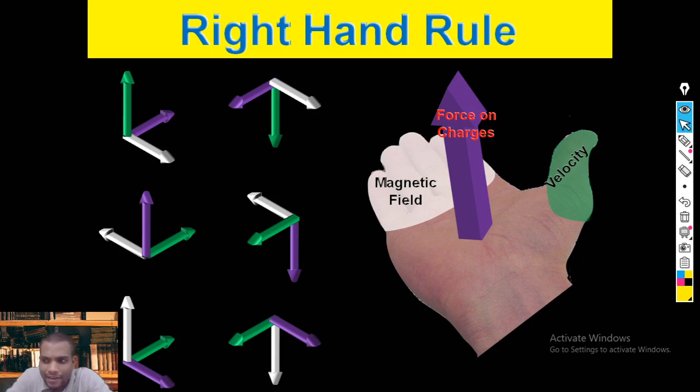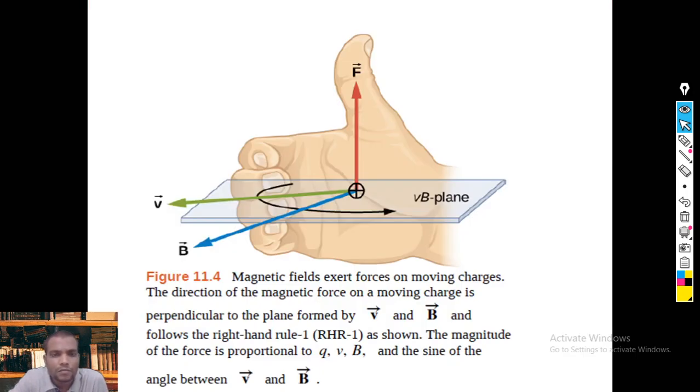So try to apply the right hand rule very carefully, and be careful about what is assigned to which finger, please don't get confused. The thumb represents the velocity of the charged particle, the curl of the fingers represents the magnetic field, and the palm represents the direction of the force. This is very handy to remember.